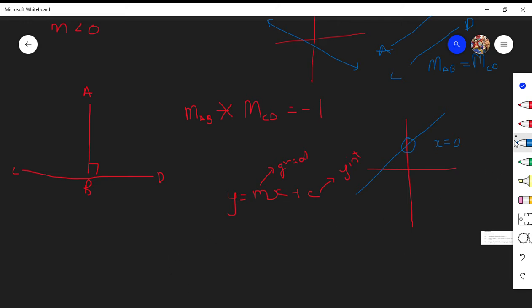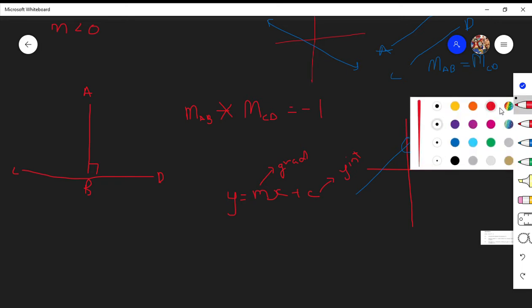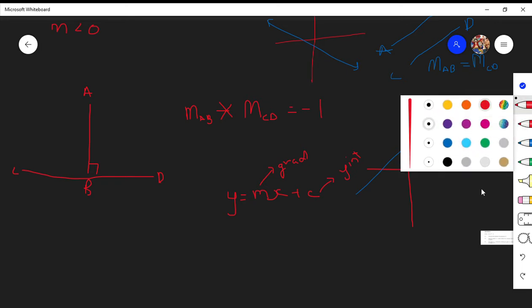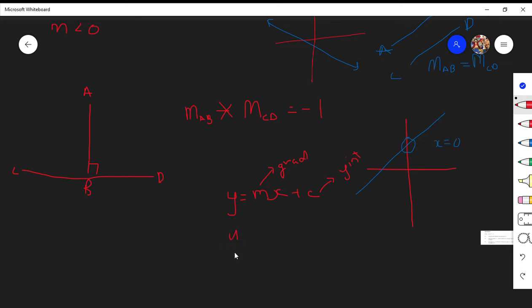Our second equation of a line is y minus y1 is equal to m, open a bracket, x minus x1.